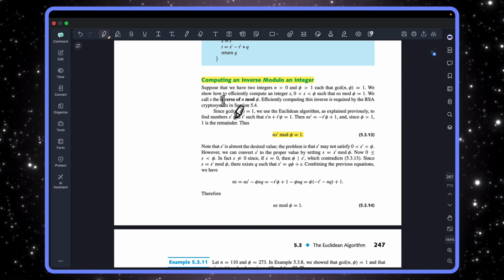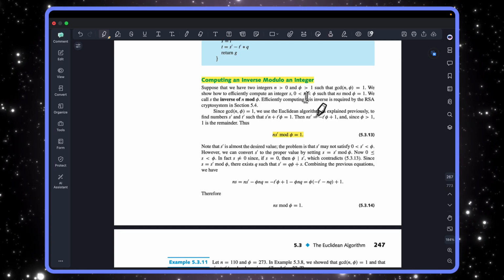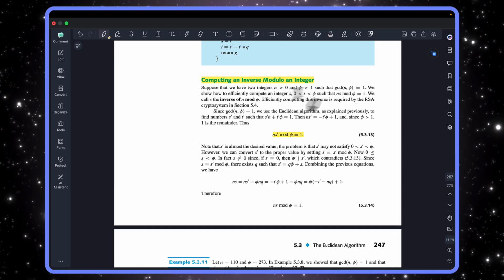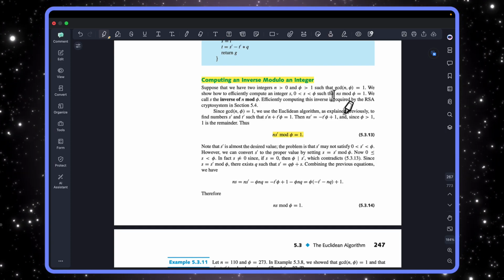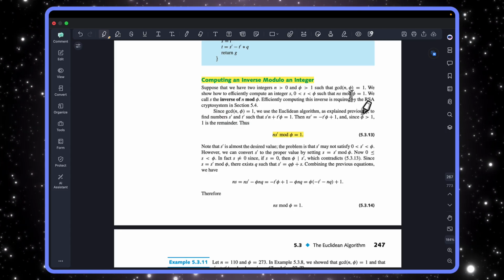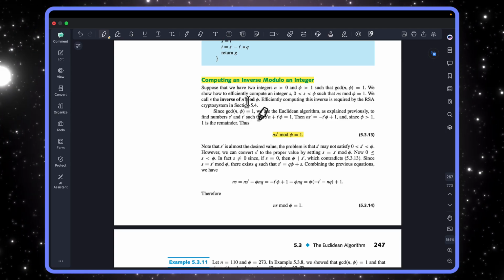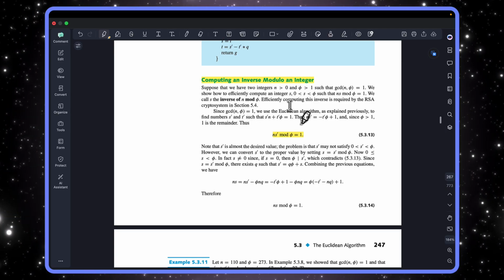Now we show how to effectively compute an integer s, less than phi, such that n times s mod phi is equal to 1. We call s the inverse of n mod phi.